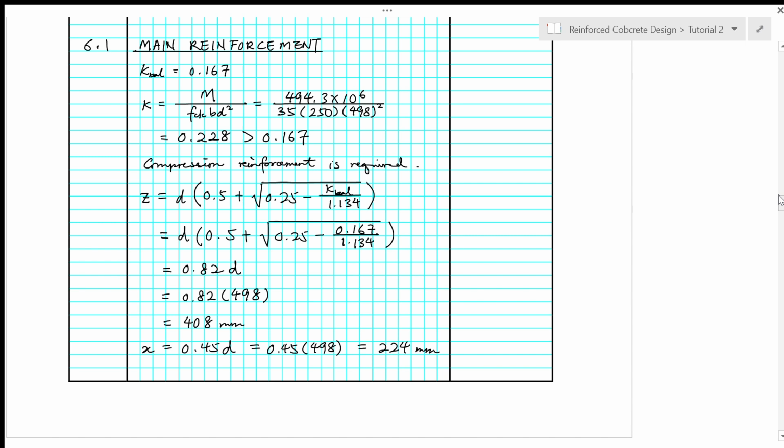If we need compression reinforcement, our moment arm is 0.82d, so the moment arm is 408 mm. And when we have compression reinforcement, we are actually designing the beam with x equal to the maximum allowable value, which is 0.45d. So that gives 224 mm.